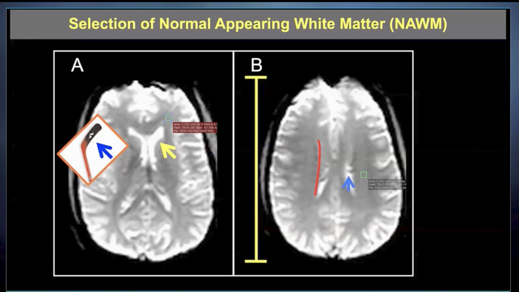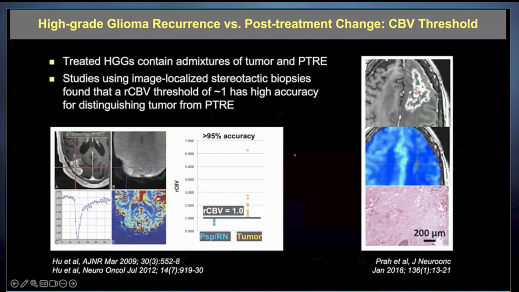And so that's one of the challenges of using normalized rCBV. That's a reason why we have worked with Kathleen Schmainda and her group at Medical College of Wisconsin.